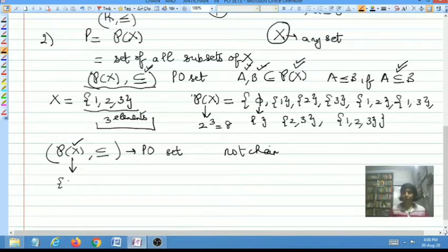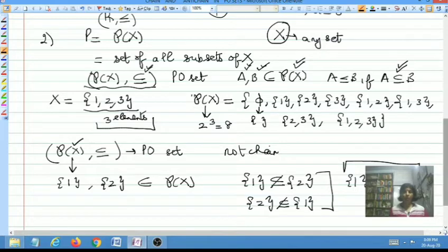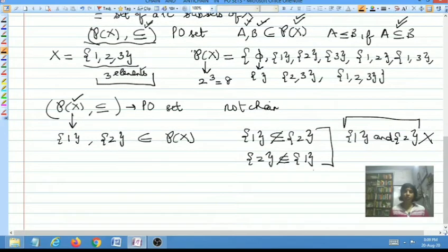For example, if you pick up {1} and let's say {2}, these 2 singletons are elements of the power set of X, but you can see that {1} is not contained in {2}, and {2} is also not contained in {1}. So from these 2 relations, we have that {1} and {2} are not related. They are non-comparable. So we have found a pair of elements which are non-comparable. They are non-related. So this is not a chain.